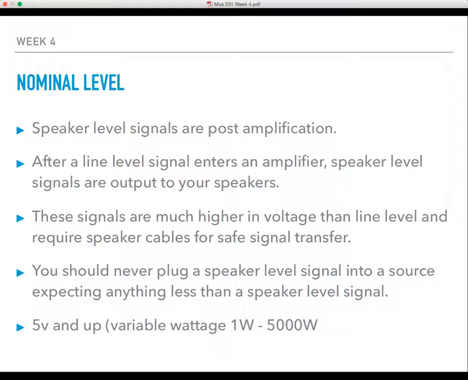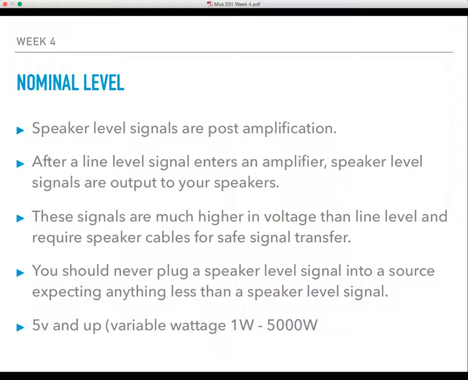If we send it back down the same channel and set it back to nominal, it should be the same volume that it was when we applied the gain initially. Does that make sense? Nominal is a reference point that essentially means we're not going to adjust any of the signal levels at all.